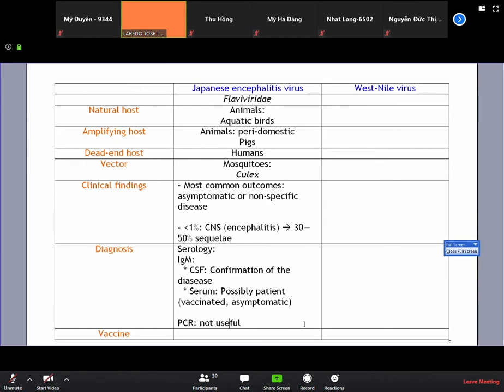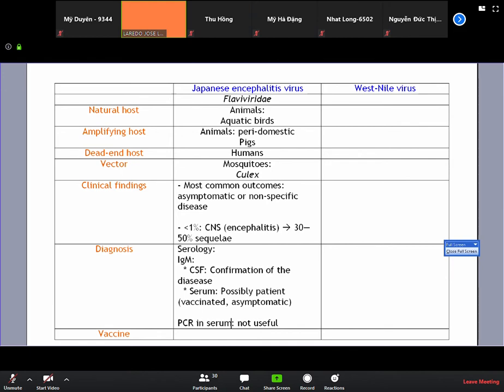Why not? PCR in serum is not very useful. Why not? Question for you. Why is PCR in serum not very useful? So the detection of the virus in serum. Because virus cannot survive in high temperature.